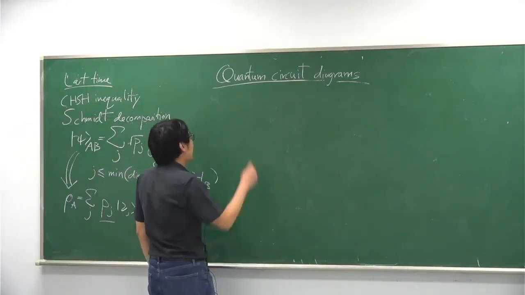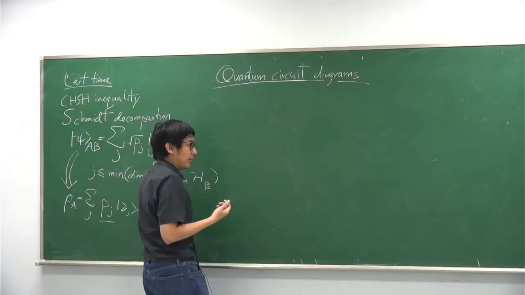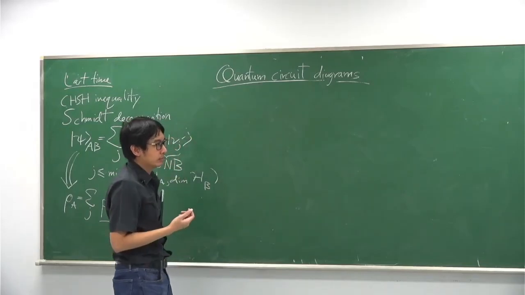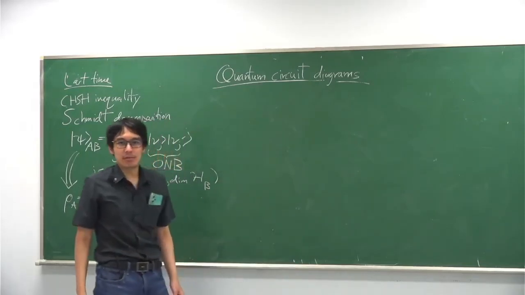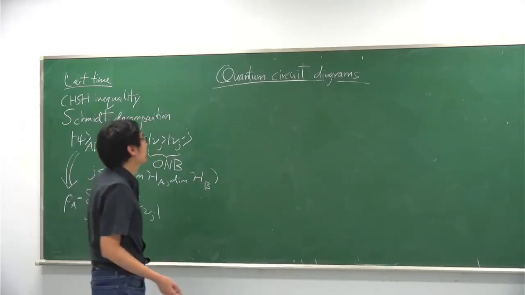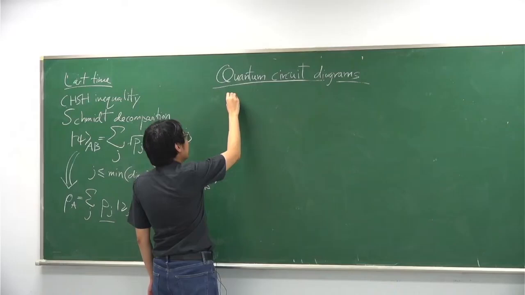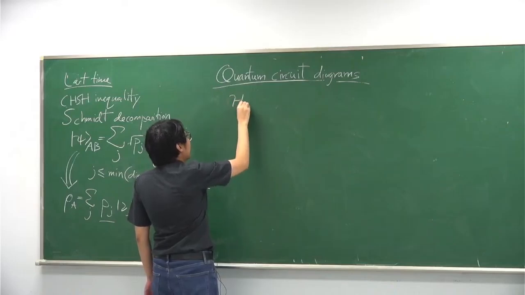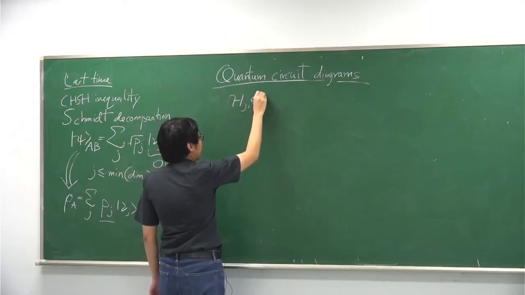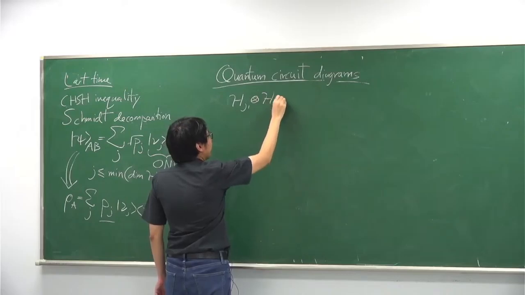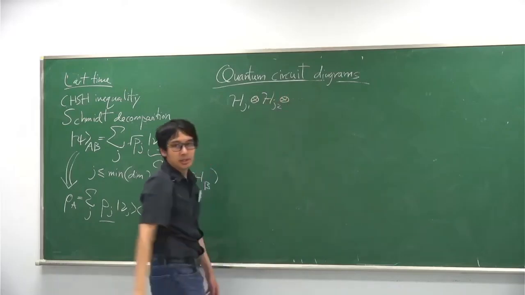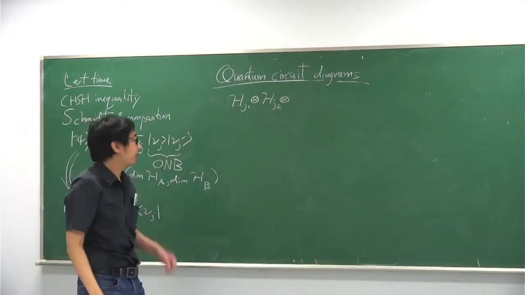Basically, when I have multiple quantum systems, a multipartite quantum system, system A, system B, I can have a bunch of Hilbert spaces come together, right?